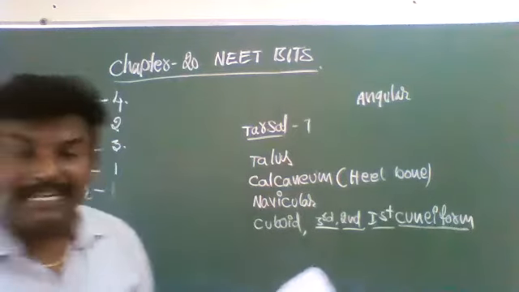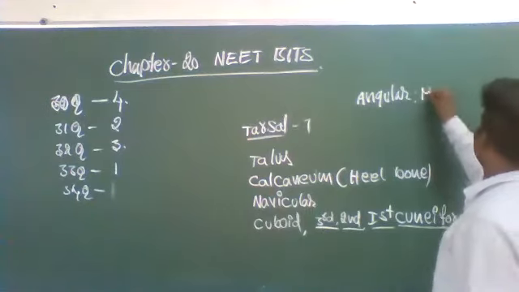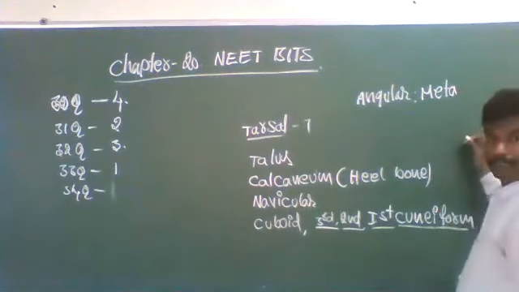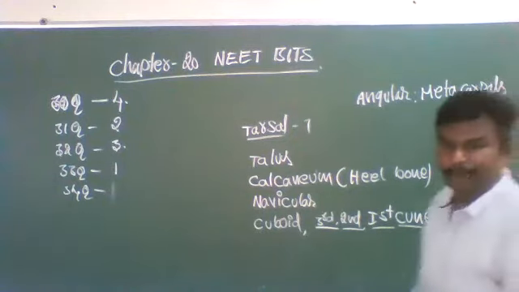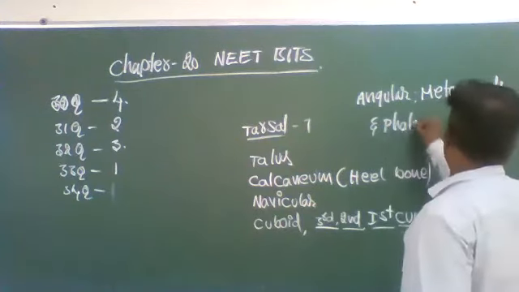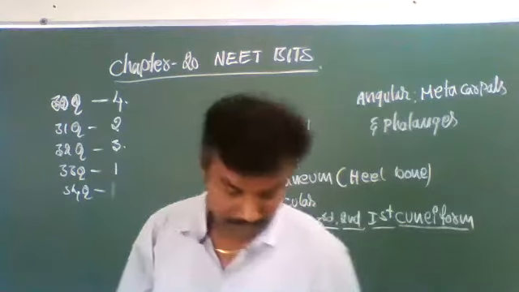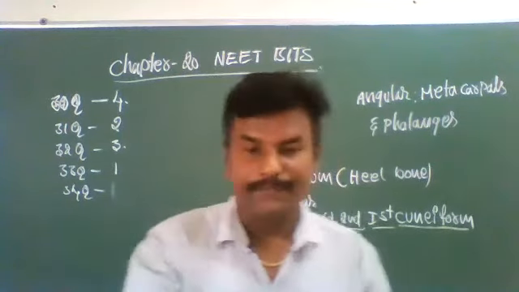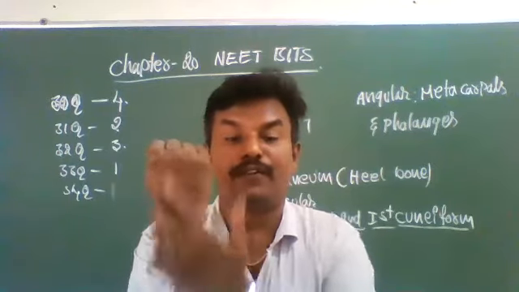Between metacarpals and phalanges. There are 5 metacarpals here: 1, 2, 3, 4, 5.